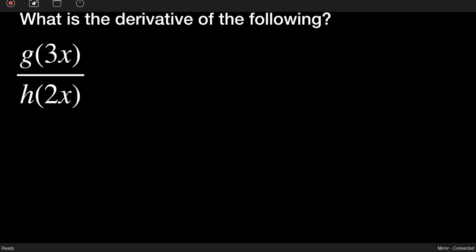All right, so this is going to be involving quotient rule. So quotient rule is going to be bottom, which is h of 2x, times derivative of the top. So the derivative of the top is going to be g prime of the inside part times the derivative of the inside part, which is 3.